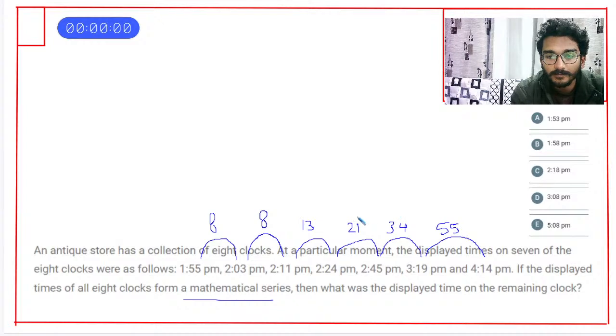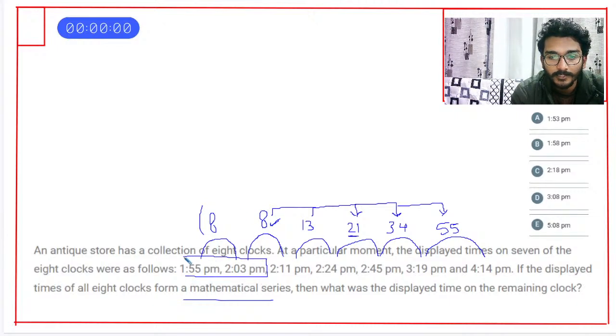So the pattern is the addition of these two numbers each time. But there is a drawback in this particular case. The 8 must be there, then it is 21. But something has to be changed in this particular region.